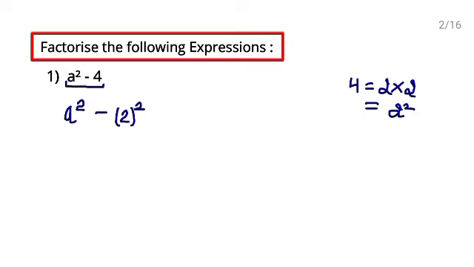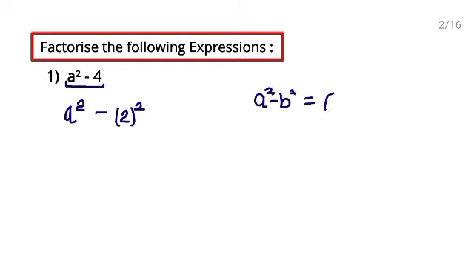Now this is in the form of a square minus b square. So we will use the identity a square minus b square is equal to a plus b into a minus b, right? And what is a here? A is a.